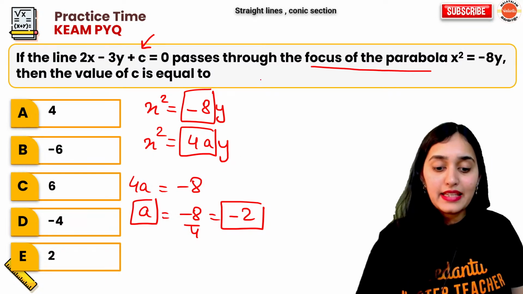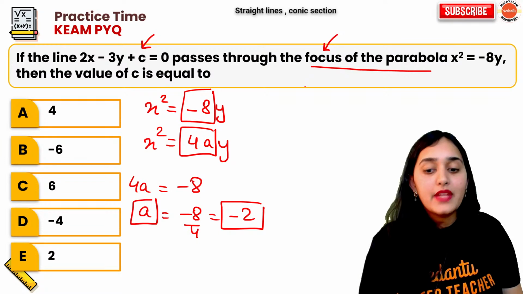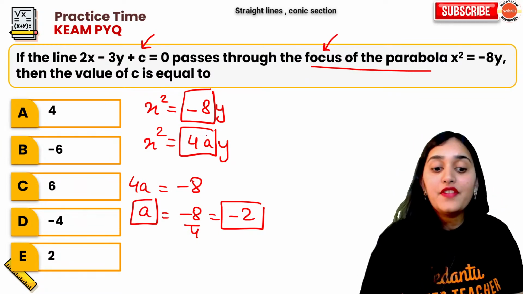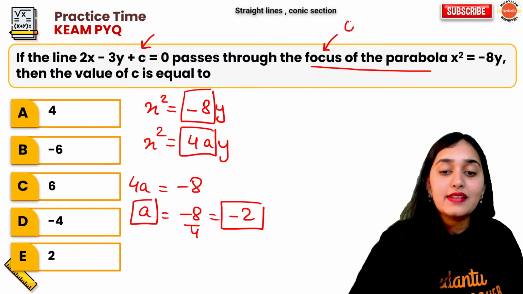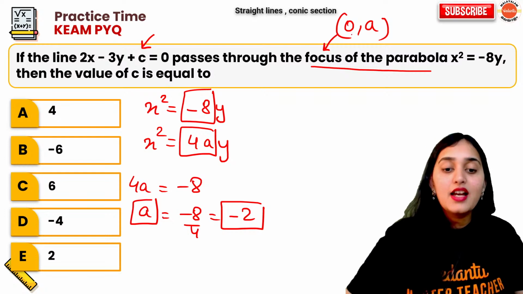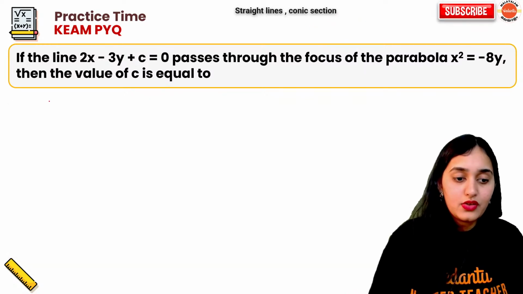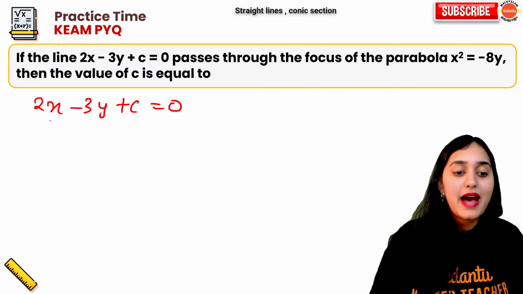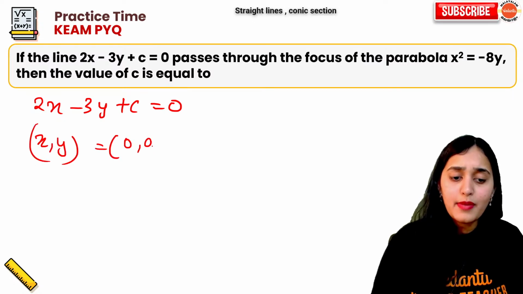Now they are saying, what will be the focus of this parabola? Focus of the parabola, can you guys remember? If the equation of the parabola is x square is equal to 4ay, focus is (0, a). So this line is passing through this point. So 2x minus 3y plus c is passing through the point (x, y) equals (0, a).